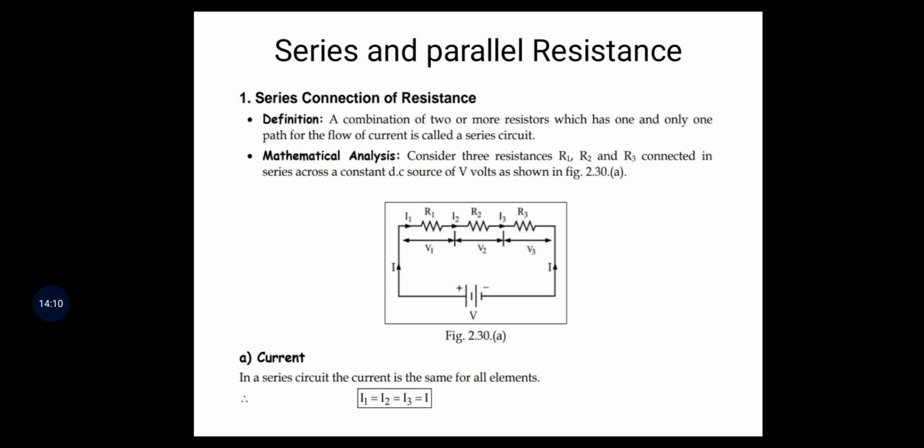In this combination, one end of a resistor is connected to another end: the starting end of one resistor is connected to the ending end of the next. In this way we connect the resistors, and then they are connected in series.